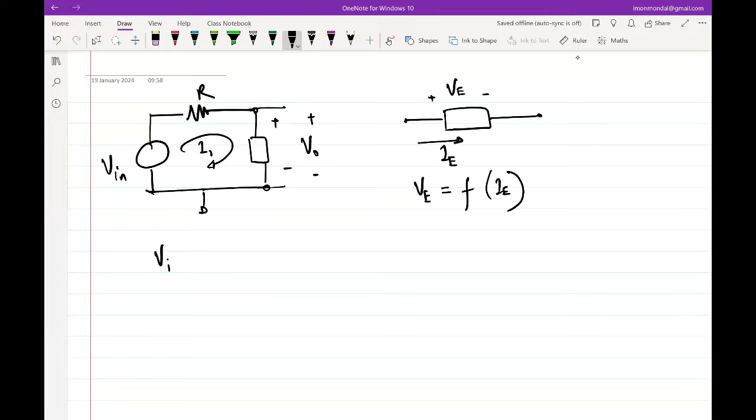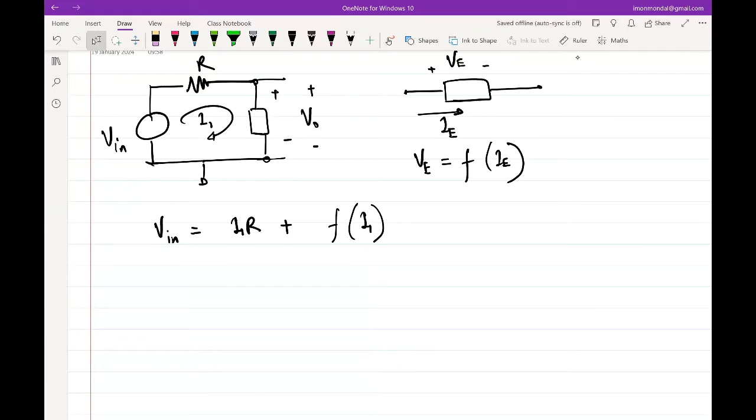So in this case, it will be V in should be equal to I1R plus V0, where V0 is f of I1, right?